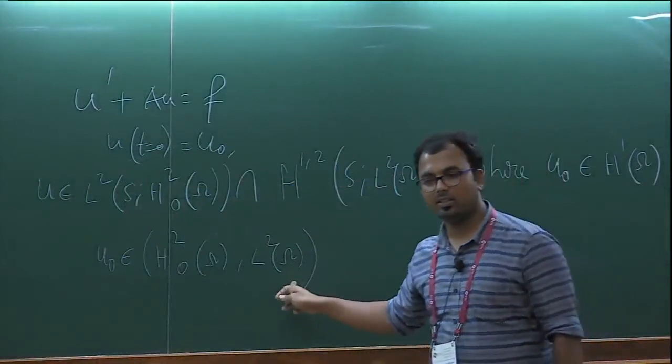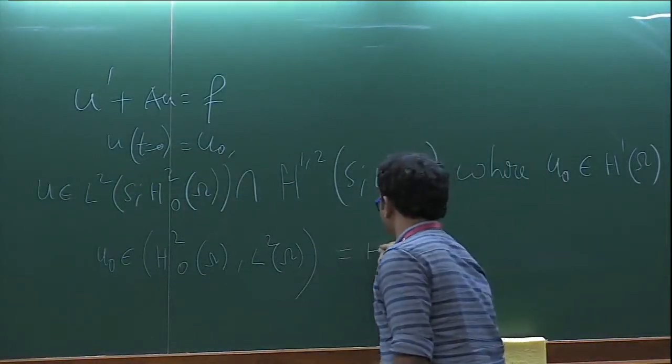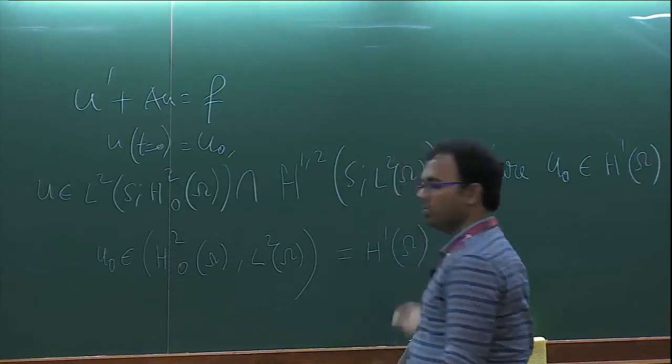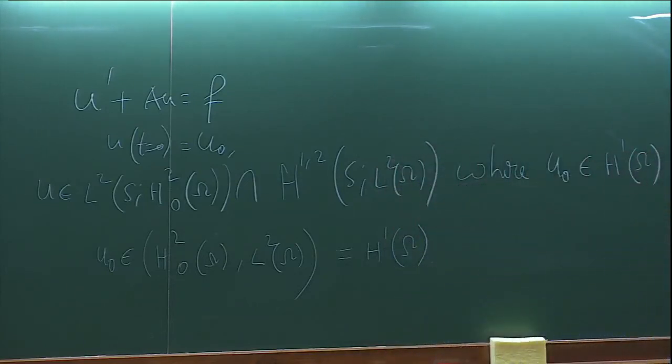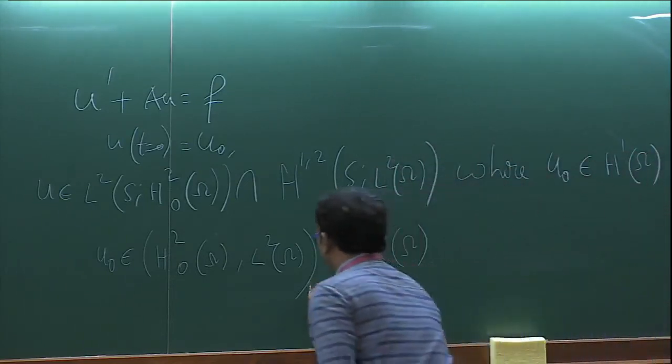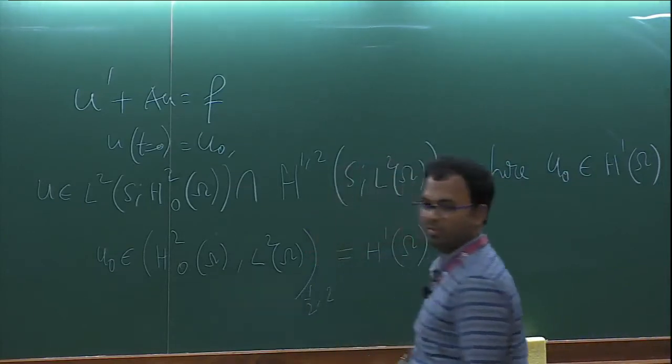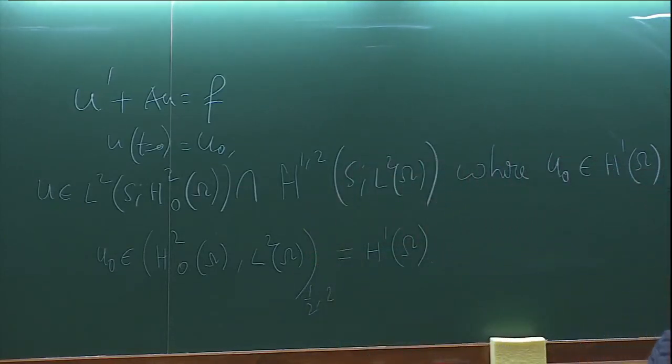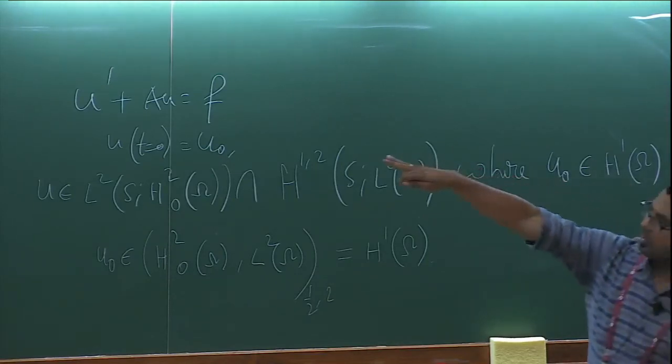And if you calculate this interpolation space, it will actually be H1 of omega. Here we have to take half and here we have to take 2. So so far we were directly taking this, but the idea behind taking u0 in H1 is actually that theorem.